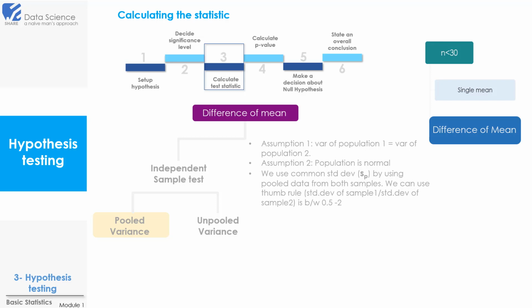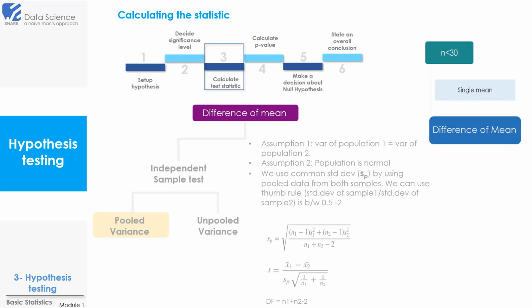Here we use a common standard deviation denoted by SP, calculated by using the pooled data from both the samples. The formula for calculating the common standard deviation SP is given here. We can also use a thumb rule, that is the standard deviation of sample 1 divided by the standard deviation of sample 2 is between 0.5 and 2.